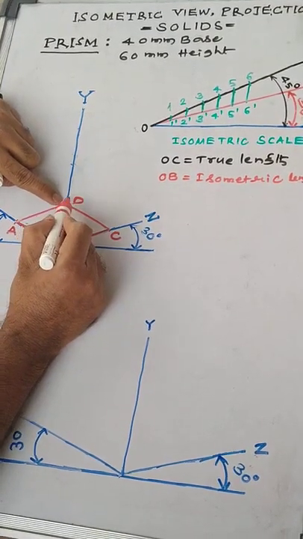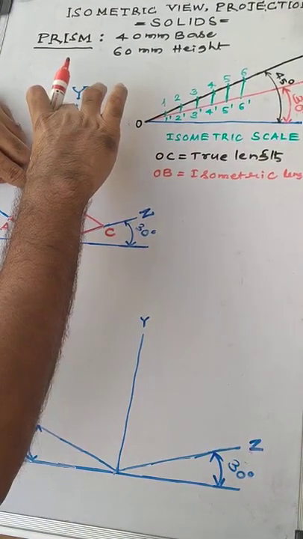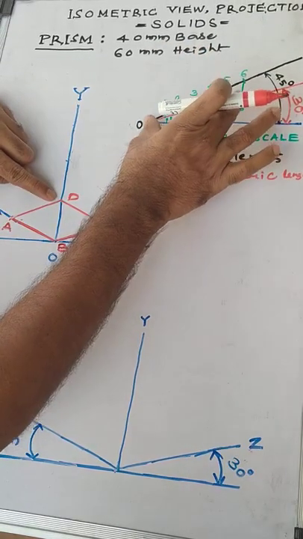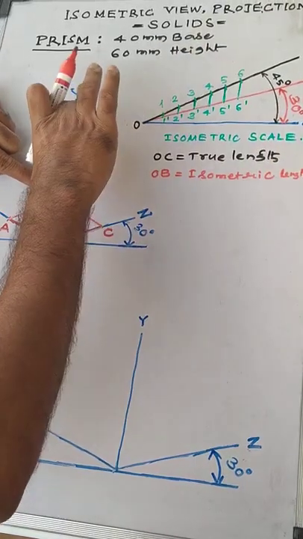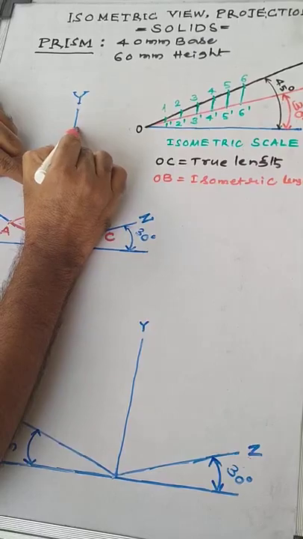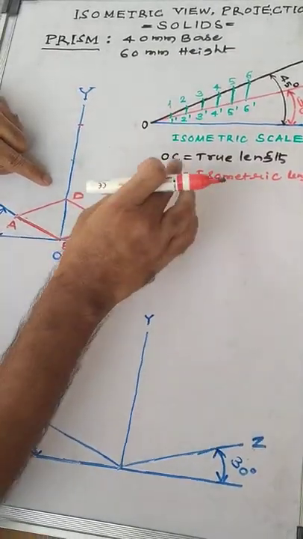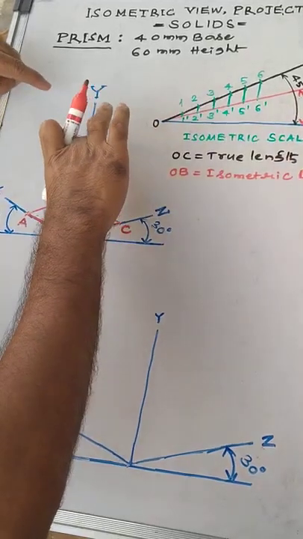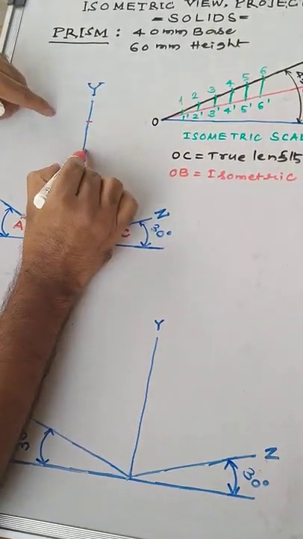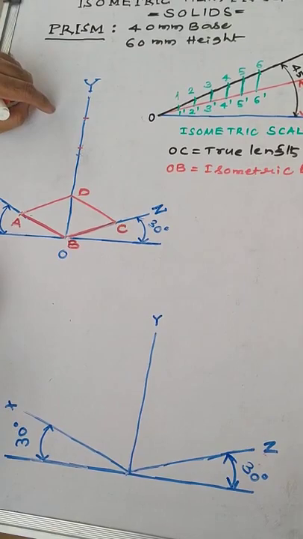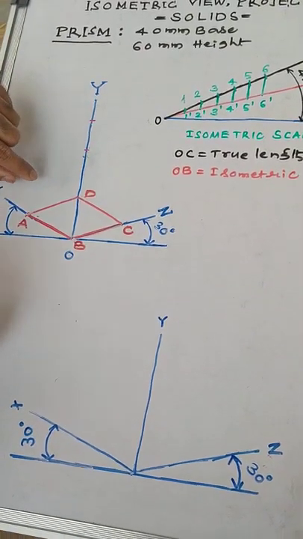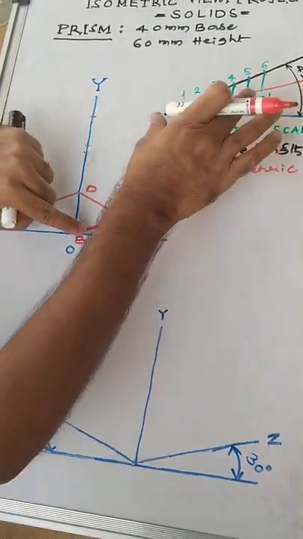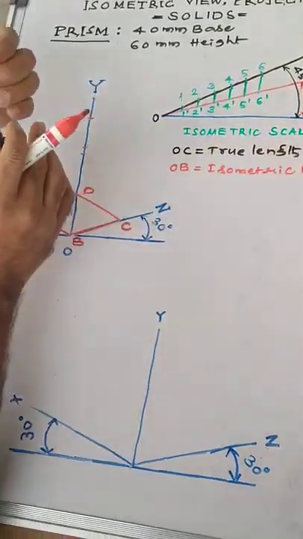From D point I am locating this distance 0 to 6 dash by using a compass. Now from B point 0 to 6 dash. Got it? Now from C point 0 to 6 dash.